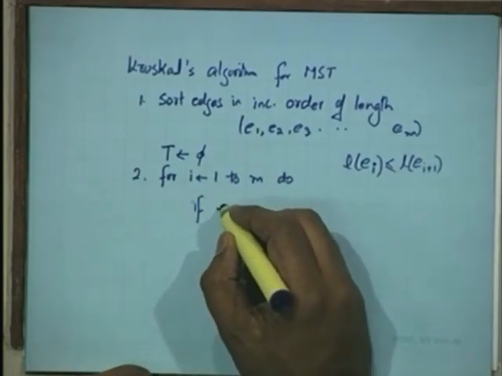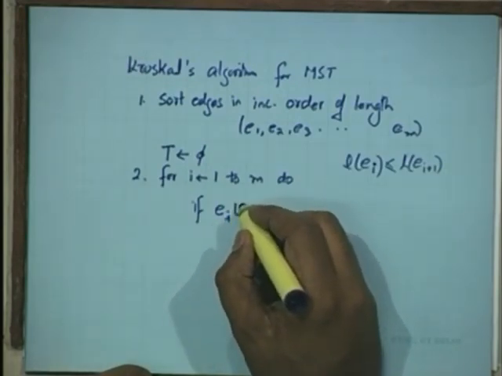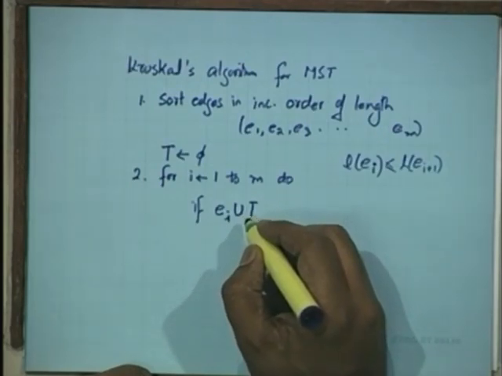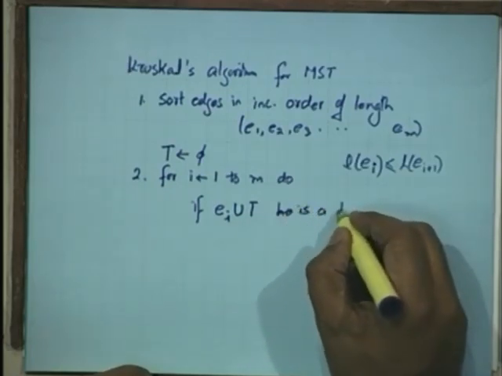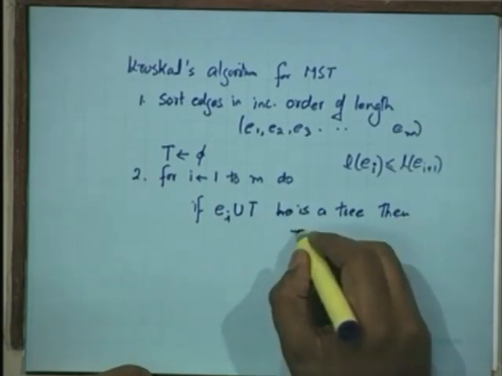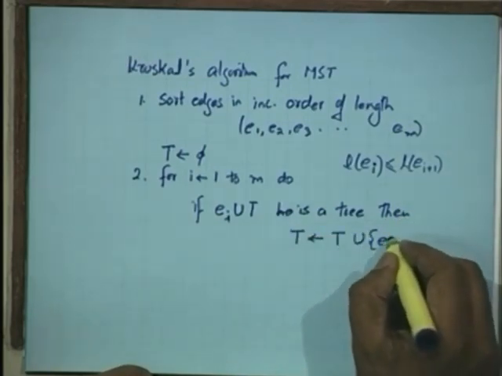If Ei union T has a cycle or is a tree, then T is T union Ei.